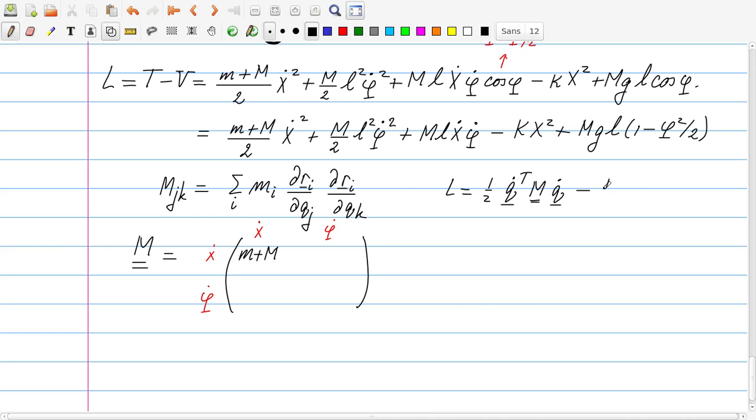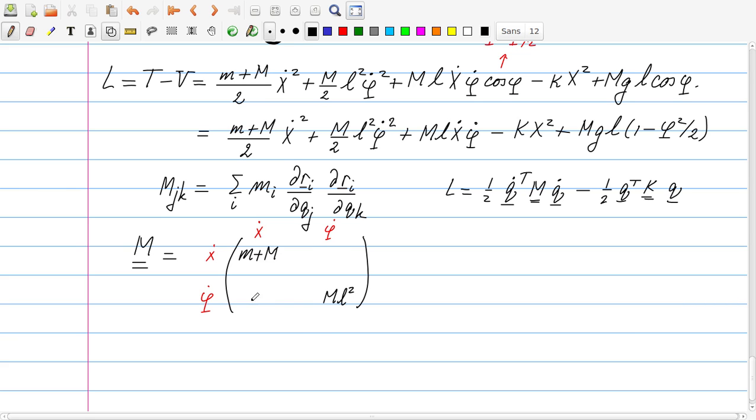Let's complete this expression: half q transpose K q, and then we fill in the rest of the terms. So the lower right is the one corresponding to the phi dot squared, and therefore I have an ml squared there.